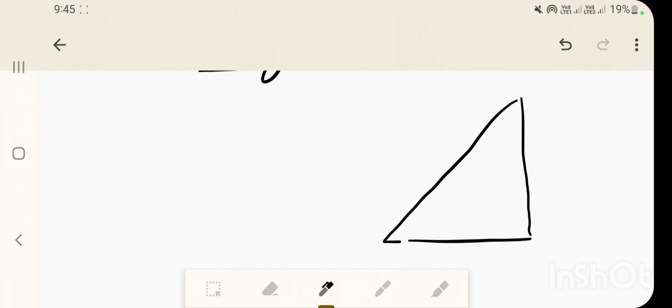Okay, right triangle. First of all, I'll tell you what is a right triangle called. A triangle, we know that it basically consists of three sides, and a right triangle is the one in which one of the angles is 90 degrees.